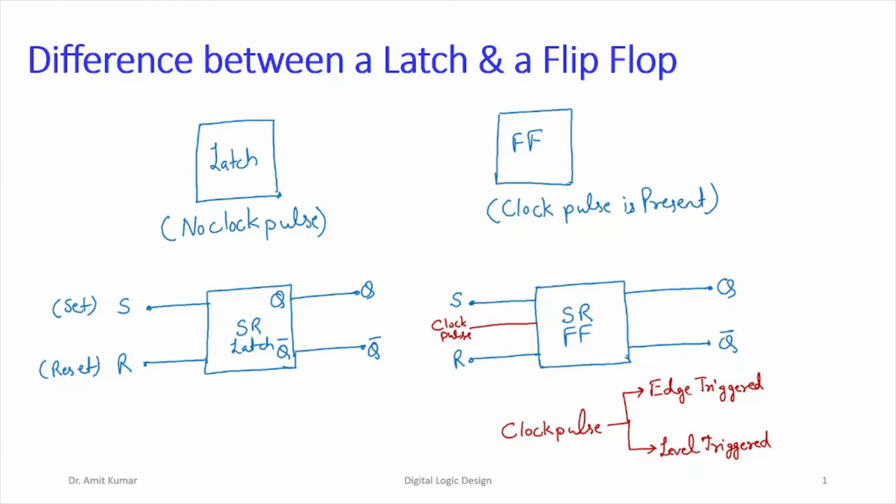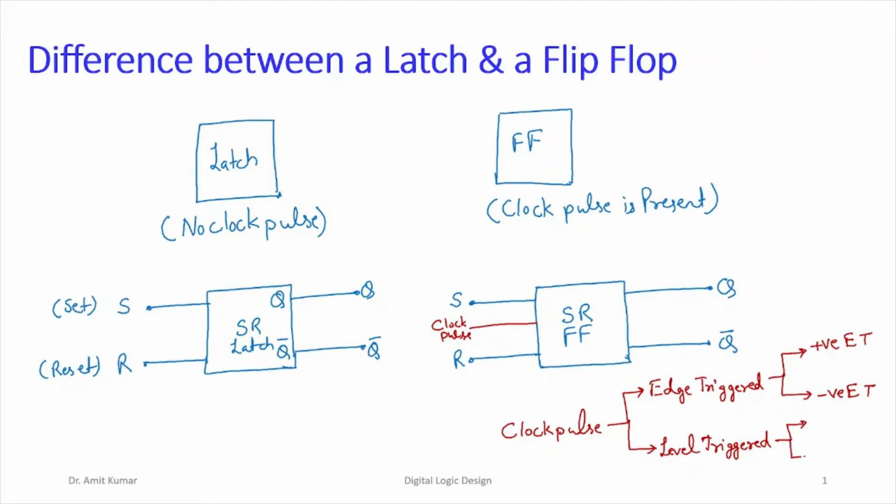Edge triggered can be further subdivided into two: the clock pulse can be positive edge triggered, such a flip-flop is known as a positive edge triggered flip-flop, or negative edge triggered, such a flip-flop is termed a negative edge triggered flip-flop.